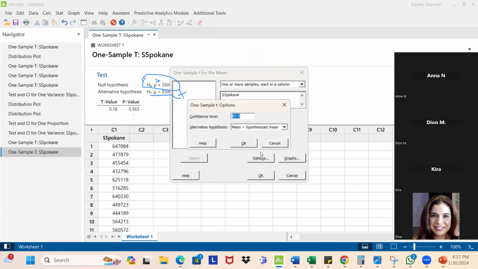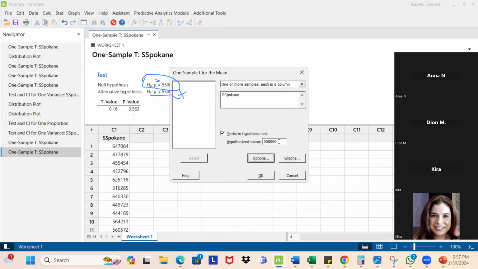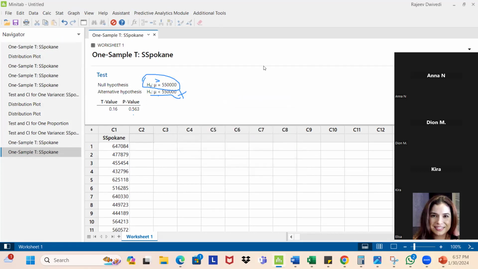This option is only for the alternative. It is not the null hypothesis. It only gives the alternative option. Okay, so this is about this piece, and any question?